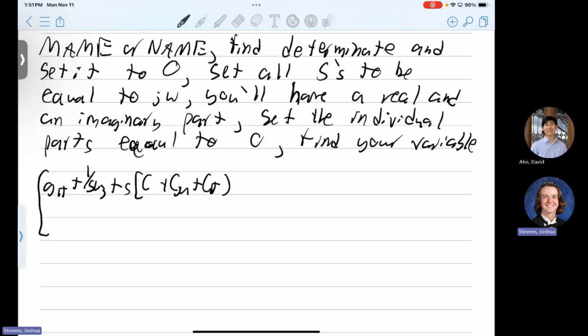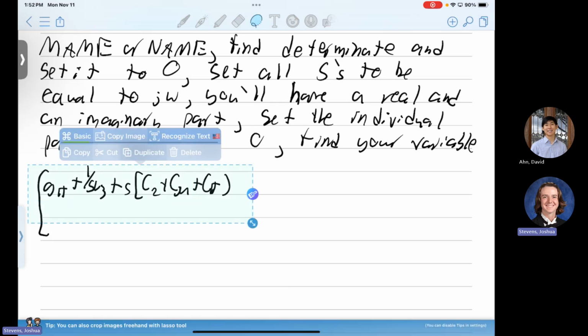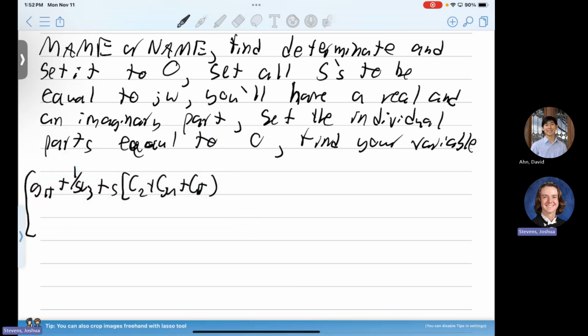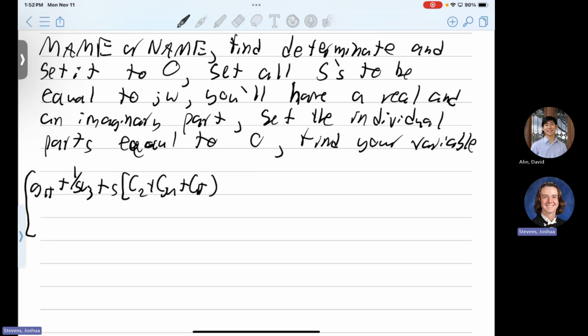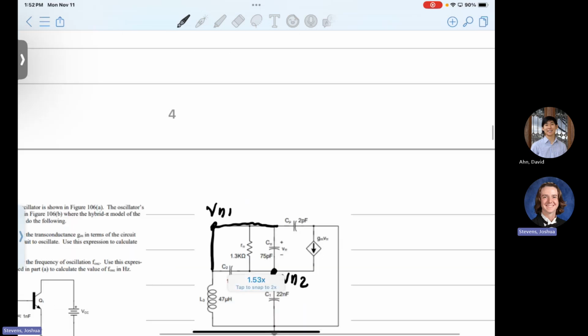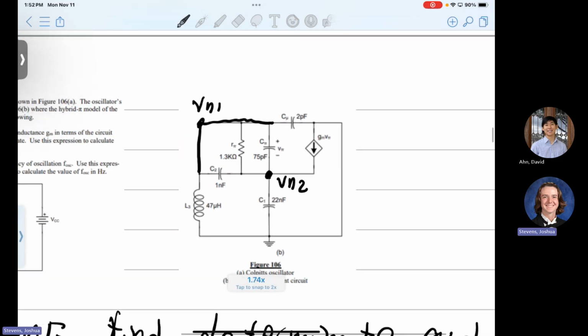I'm also going to move this over a little bit. All right, cool. C2 plus, is that C mu? Yeah, C mu. So C2 plus C mu plus C pi. Okay.